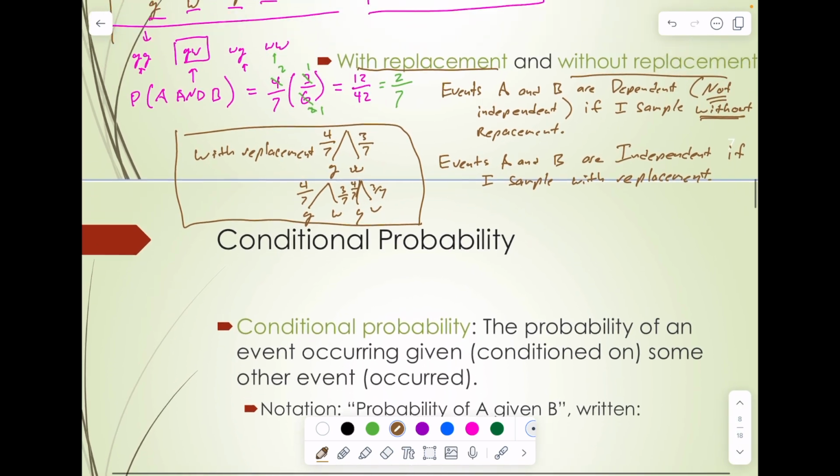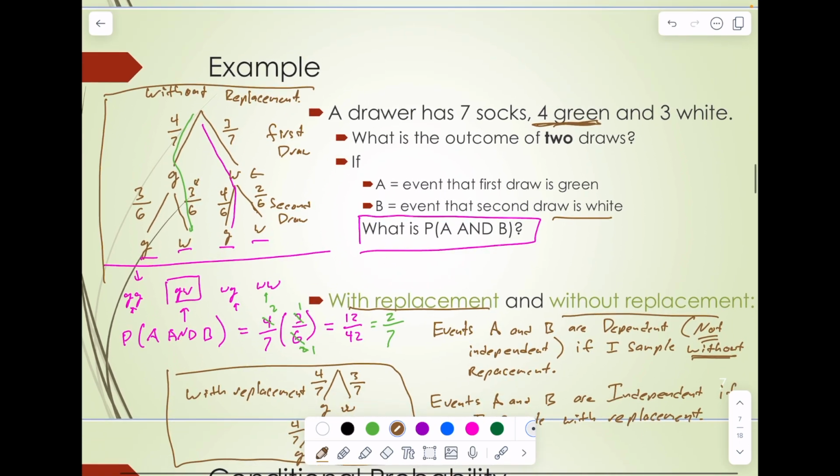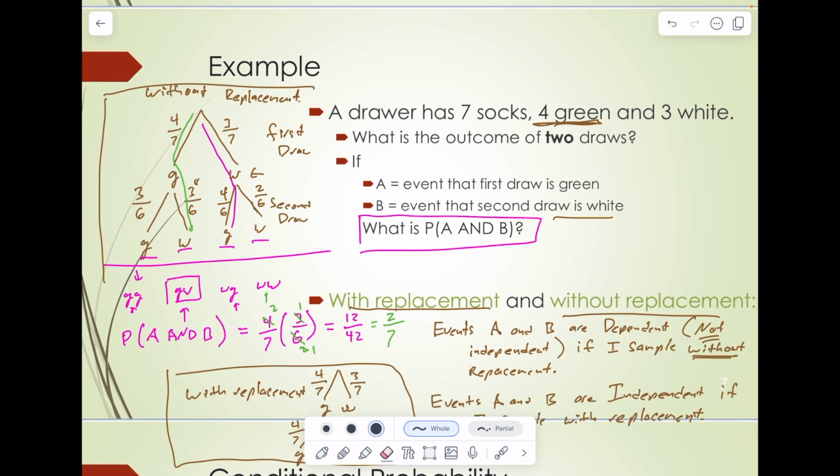We have seen conditional probabilities from this tree diagram. So this right here, 4/7 is the probability of A, that first draw. And then what we have here, the 3/7 is the probability of, well, not A. Probability of A complement, the opposite of A happening, which is a white sock, since there's only green and white socks.